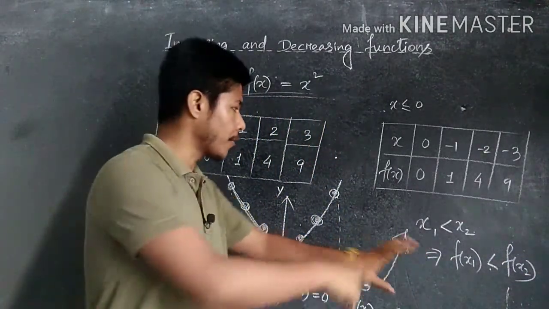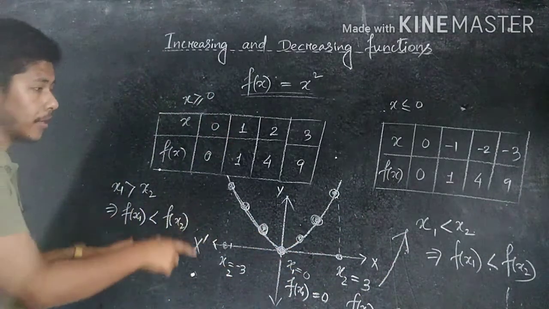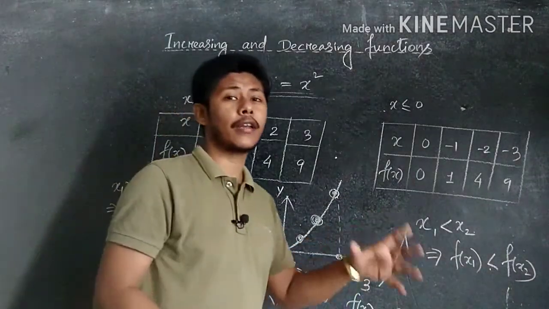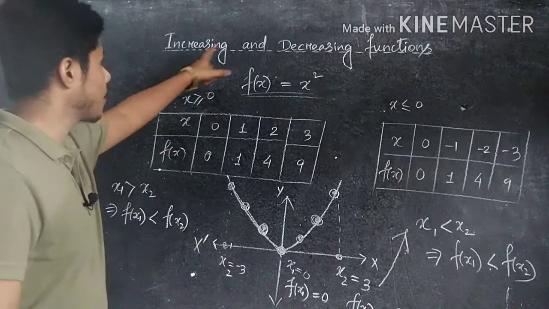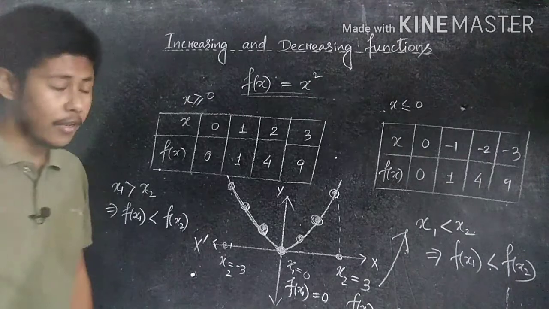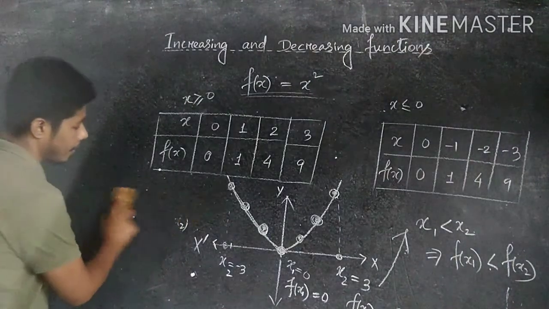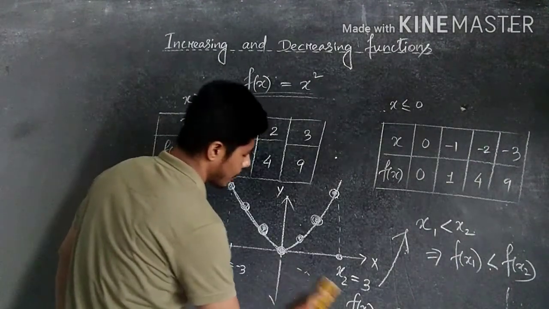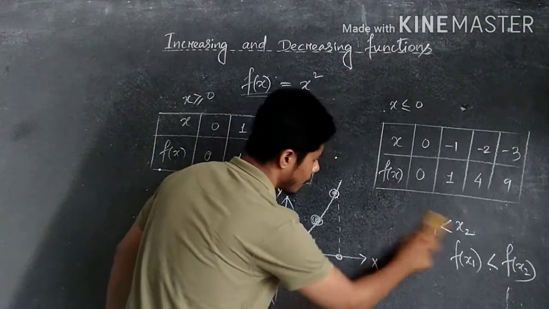So now what we write, actually from here the meaning we get. So mainly we discuss the increasing and decreasing functions. So now when we draw a graph like this, let us first look at the graph.